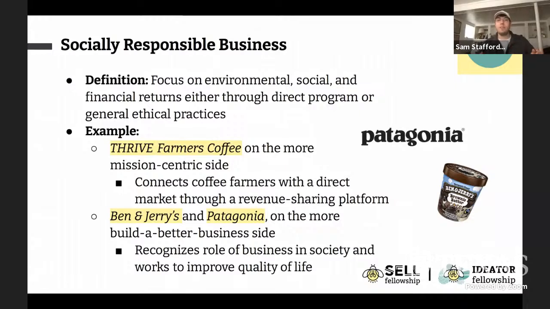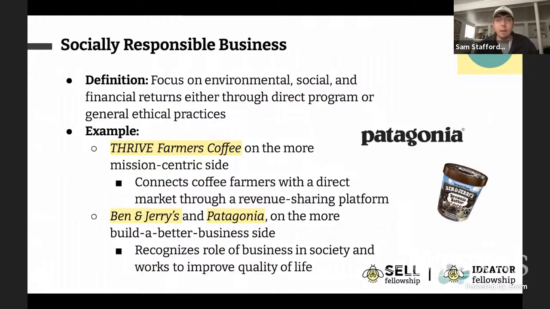And then you also have some big companies that you have heard of before, Ben & Jerry's and Patagonia, which are more on the build-a-better-business side, which recognizes that businesses can be really impactful in terms of creating social change, and that businesses need to do a better job of being socially responsible by doing good things and being good people.